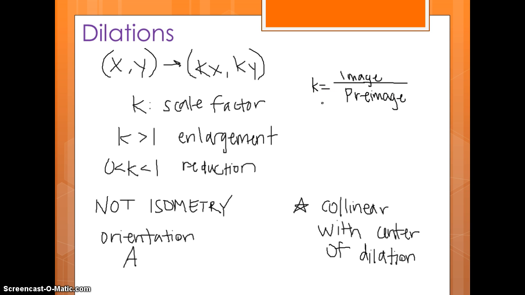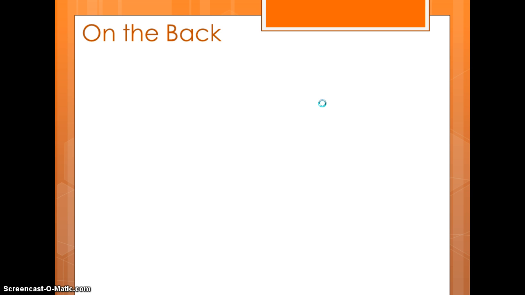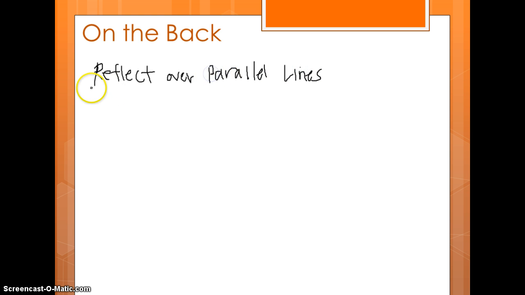One more thing. I want you to turn your foldable over to the back and write down a couple of things that we've determined over the last couple of days. If we reflect over parallel lines, reflecting over parallel lines is the same as translating your figure twice the distance between your lines.